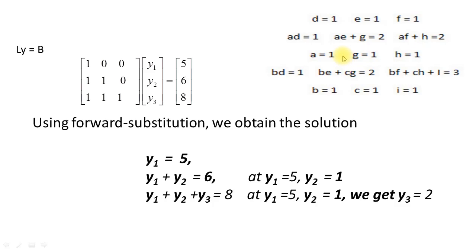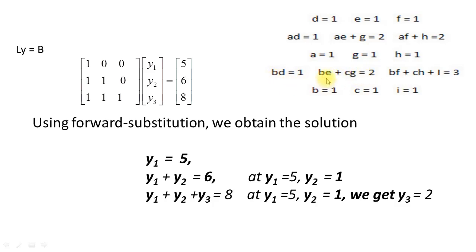Putting the value of A and the value of F, F is 1, A is 1, so H is equal to 1. Now comparing the third row, we obtain BD is equal to 1, and we already have the value of D as 1, so B is equal to 1.